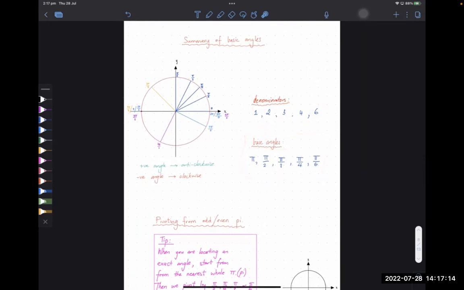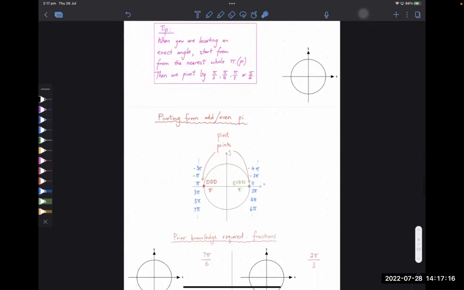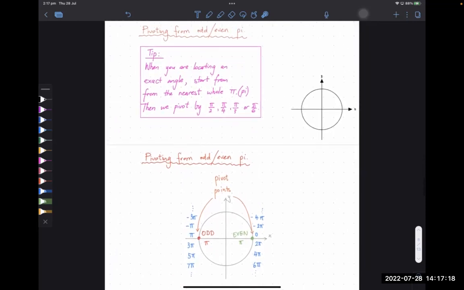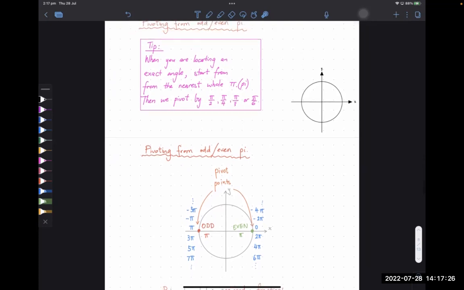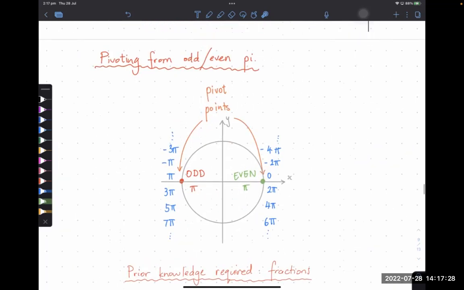Okay. We're going to do a bit of an exercise now. Just one more thing before the exercise. If we're pivoting from an odd and even pi, I'm going to talk about odd or even pies really quickly, but you may have already picked this up. On the left here, we always have odd pies: -3 pi, -pi.